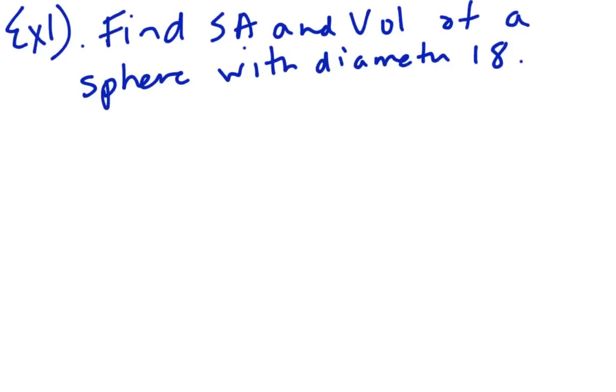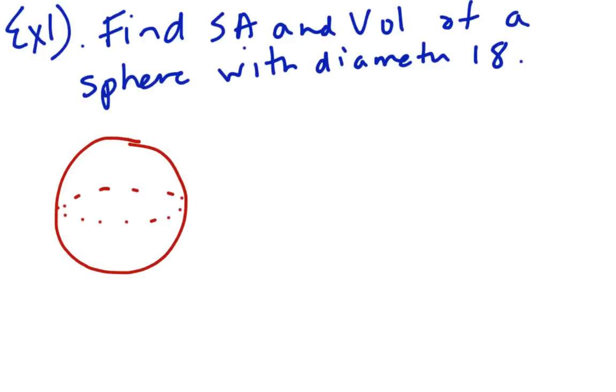Let's do some practice problems. So we want to find the surface area and volume of a sphere with diameter 18. So if I draw a sphere and my diameter is 18, which means all the way across from one side to the other is 18 going through the center. So that's 18. It doesn't give me any units.